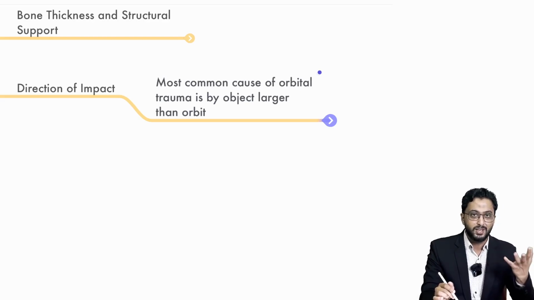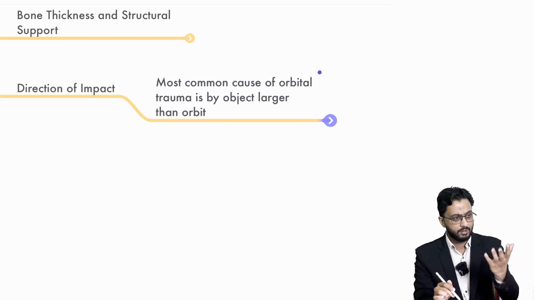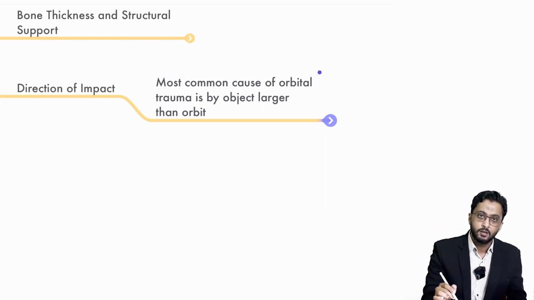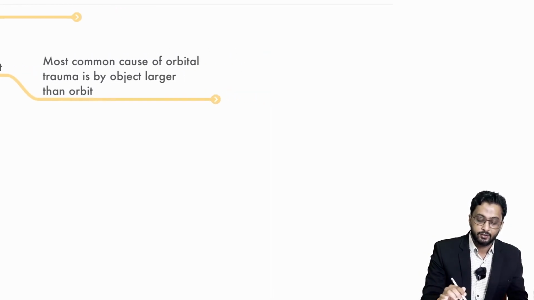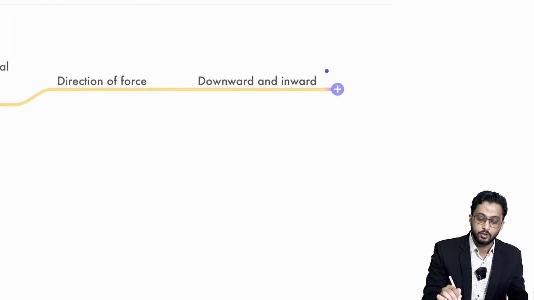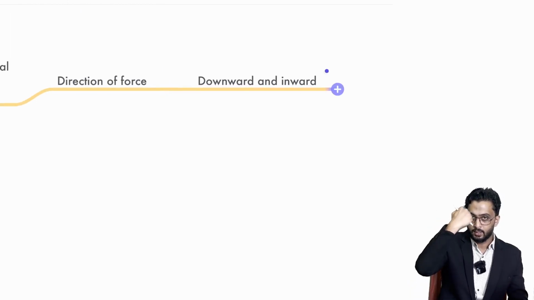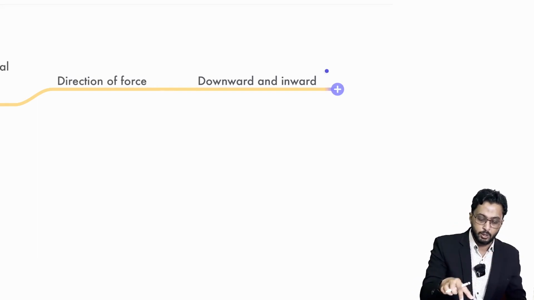More commonly you see people fighting, or something goes and hits the face, like a ball very commonly. As a result, the direction of force is downward and inward. So the floor fractures more commonly than your medial wall.